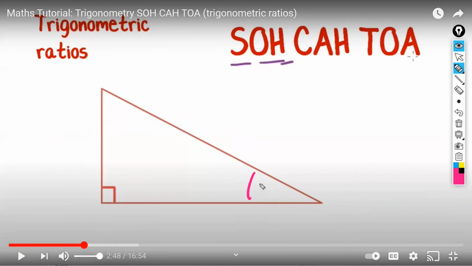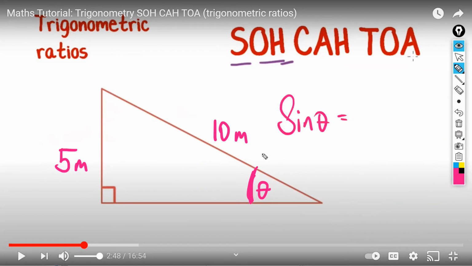The last situation, guys, is when we're not given the angle, but we're given the hypotenuse and we're given the opposite side. There are times when we have this situation, guys. And in this situation, this is when you find the inverse. So sine theta is equal to opposite over hypotenuse, right?